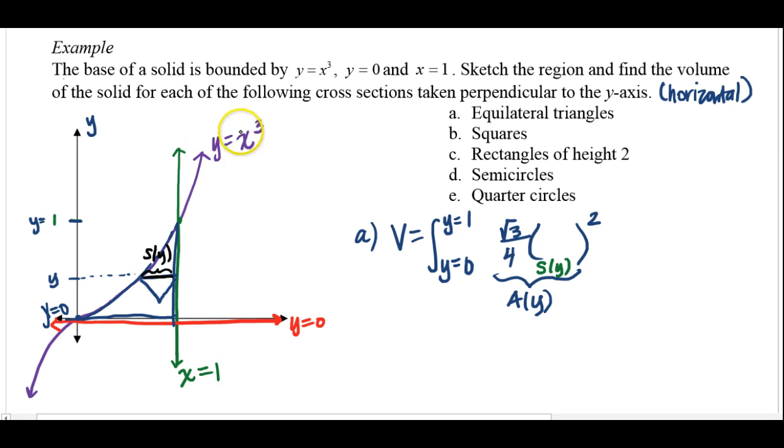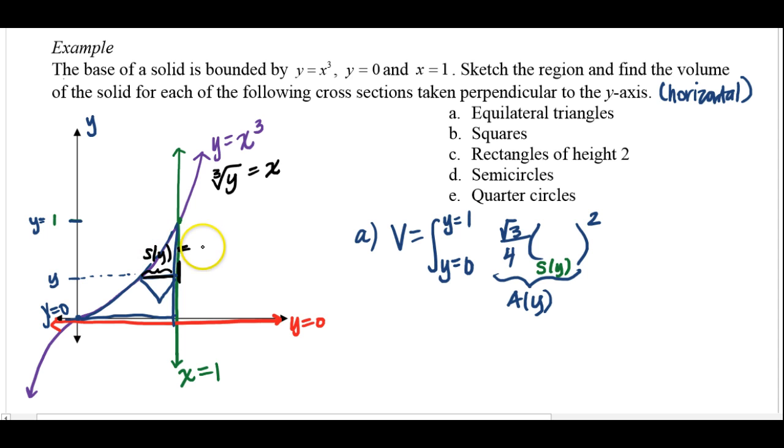I'm going to need to rewrite y equals x cubed so that it is in terms of y. So I need to solve it for x. So if I were to solve this equation for x, I need to take the cube root of both sides. So I would get the cube root of y equals x. So now x is a function of y. It's understanding function notation. So now right minus left, the right function right here is x equals 1.